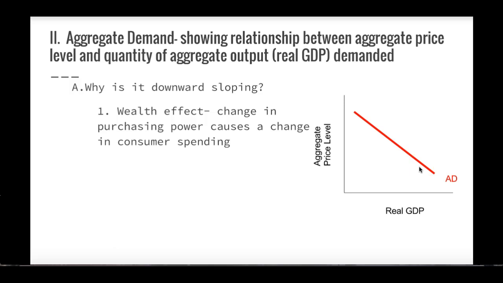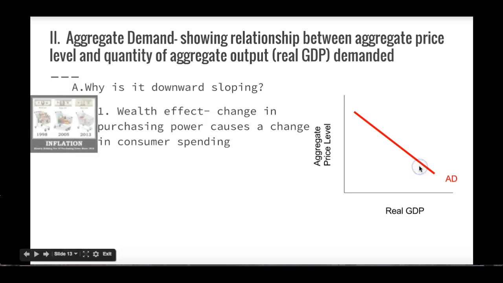As the aggregate price level goes down, the value of our money increases. As a result, spending increases, and vice versa. So this is what we're looking at with inflation. For example, in 1998, 2005, and 2013, look at the amount of stuff in my basket. The amount of stuff in the basket is decreasing because our money doesn't go as far. Our purchasing power has changed.